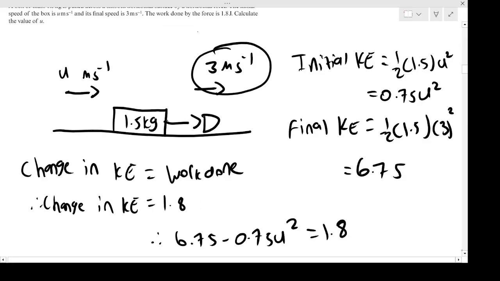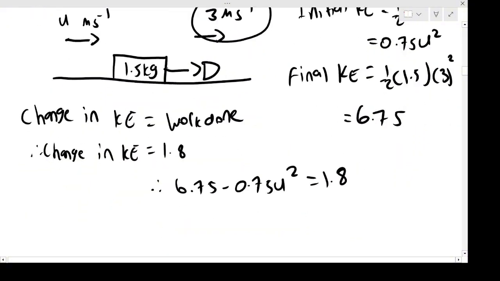At that point, similar to the last example, we just solve for u. What we can do is say 0.75 u squared equals 6.75 take away 1.8, which is 4.95. So we're just solving this equation now.